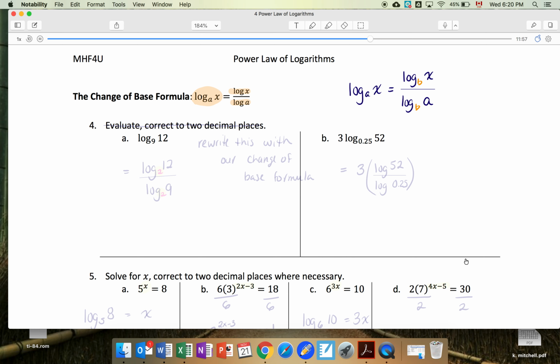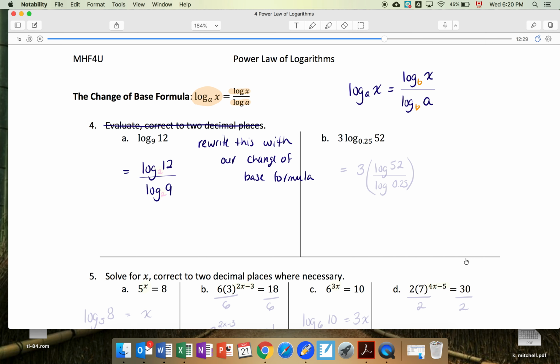So question 4 says to evaluate. To be honest, I actually don't really care what this equals. Let's just rewrite this using our change of base law. So we're just going to rewrite this with our change of base formula. Okay, and then if you felt like it, you can punch it into your calculator, but it doesn't really matter. So this equals log 12 divided by log 9.